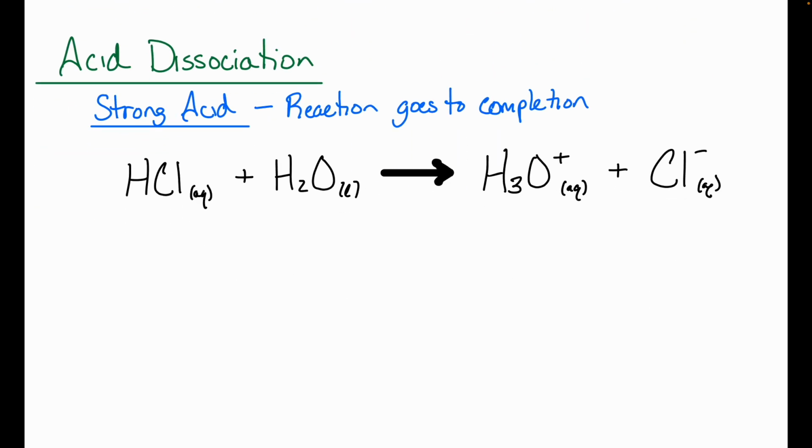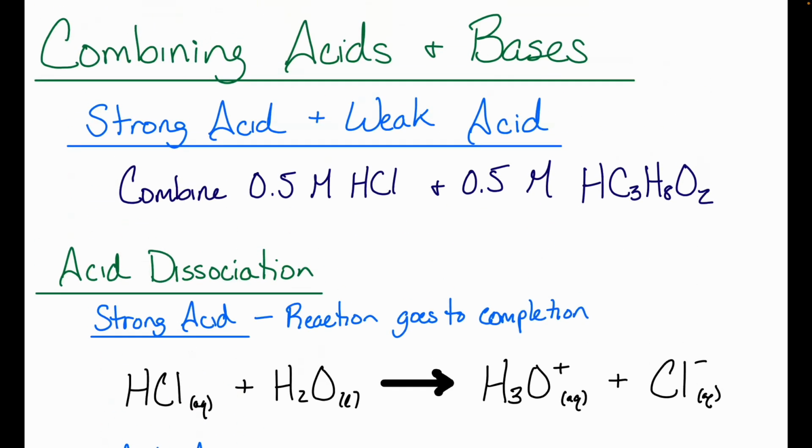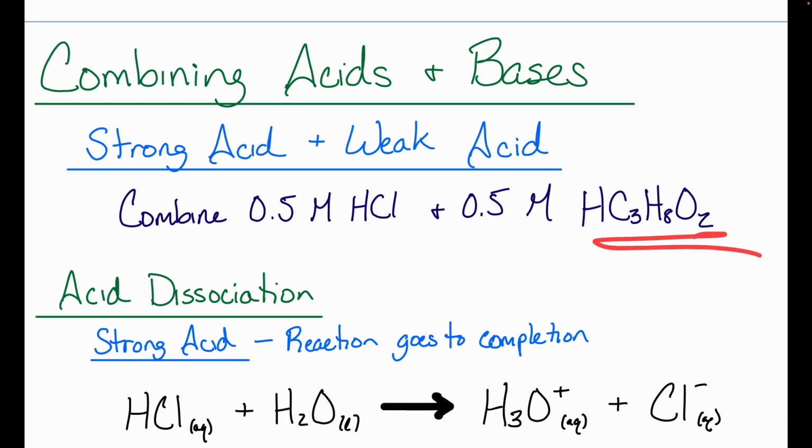All right, we're going to do the same game, but for our weak acid. And how do I know that this thing is a weak acid? Well, what is it not? A strong acid. So if it's not a strong acid, it's going to be a weak acid. All right, so remember that list of 6 strong acids. Anything not on that list is not a strong acid.